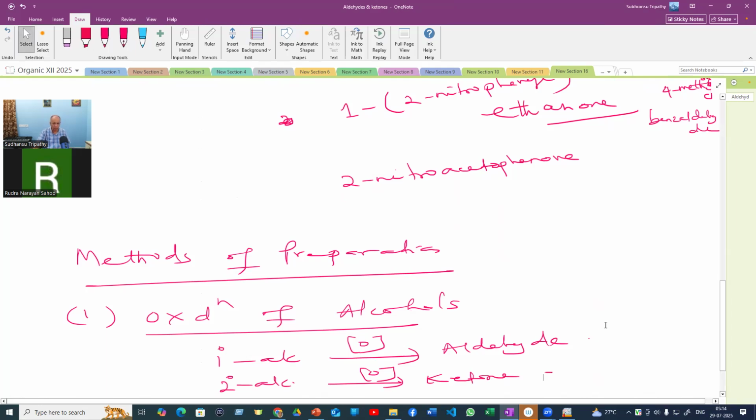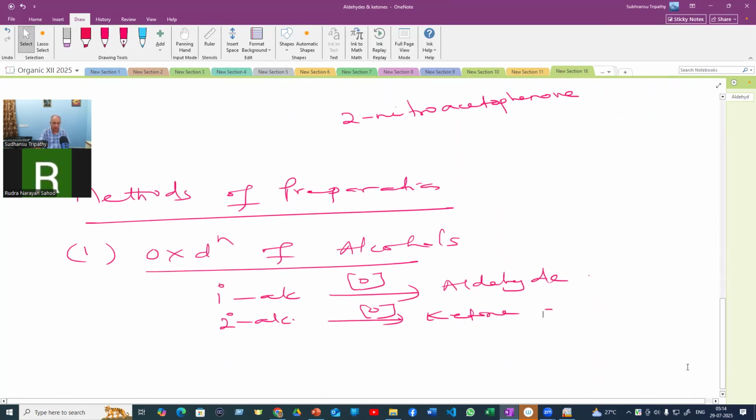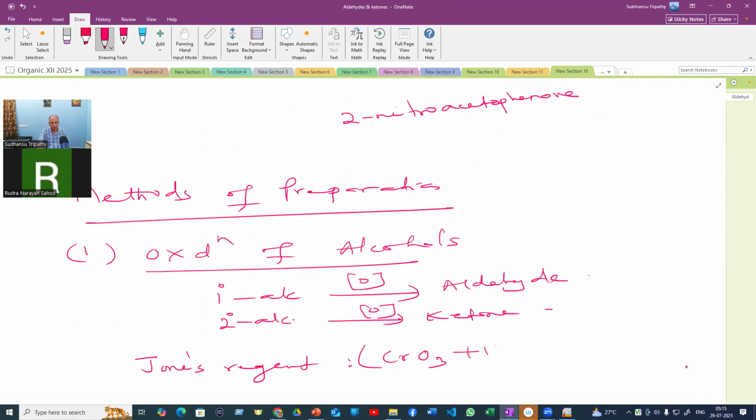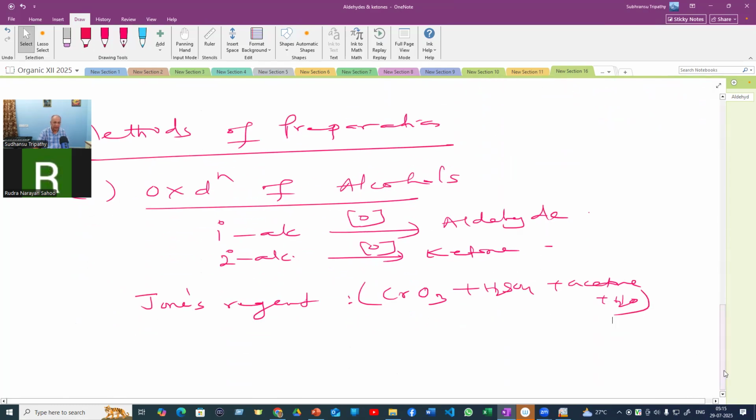As we already know, if you use Jones reagent for 1 degree alcohol, Jones reagent, which is CrO3 plus sulfuric acid in acetone, and of course some water will be there, though it is not usually written, that will oxidize the aldehyde further to carboxylic acid, so that is avoided.